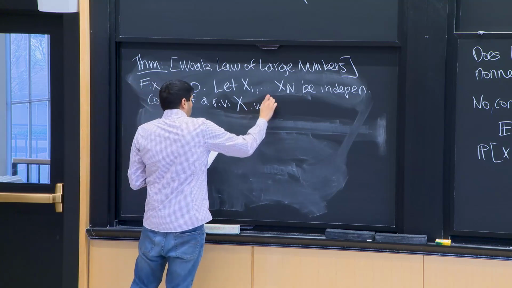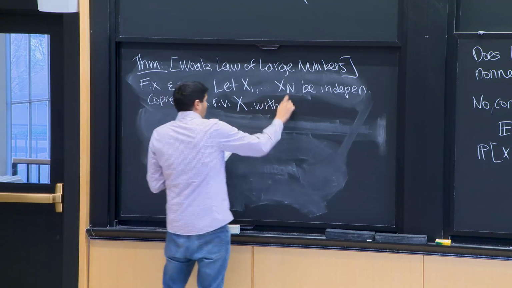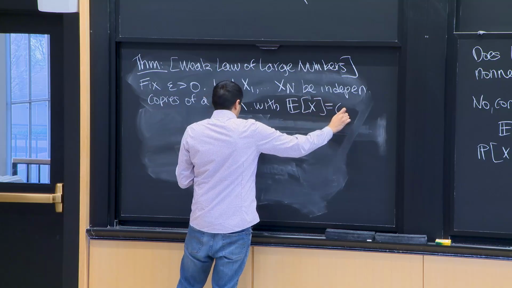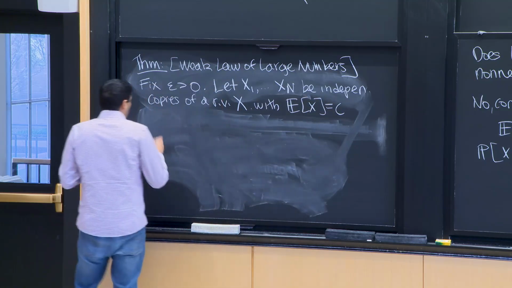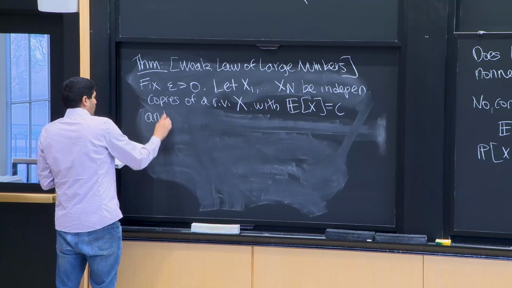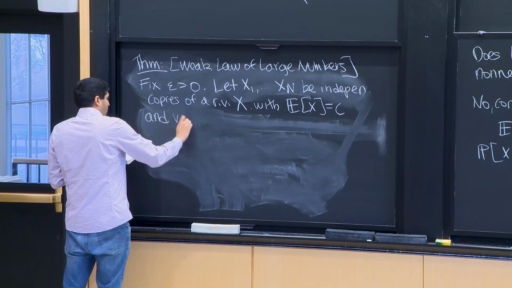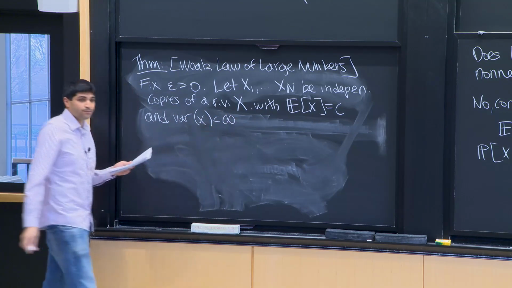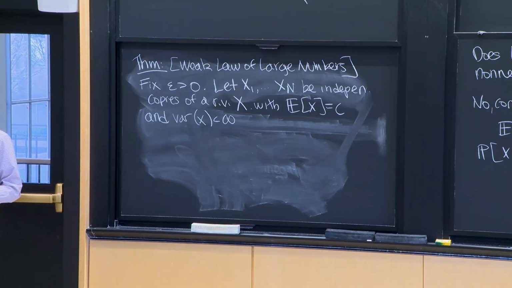And moreover, let's assume that the expectation of x is equal to some value c. And I'm also going to assume, and this is critical for the weak law of large numbers, that its variance is not infinity. Okay? So just some basic bounds that my random variable is somewhat well behaved.